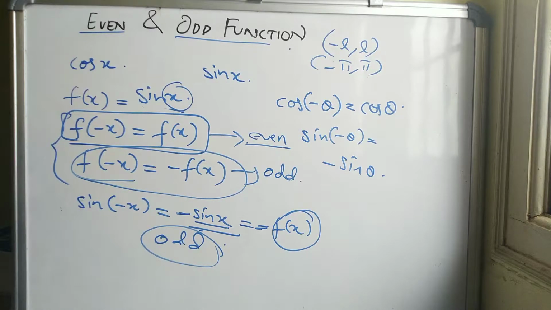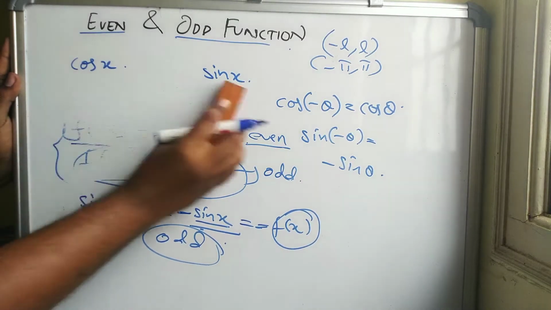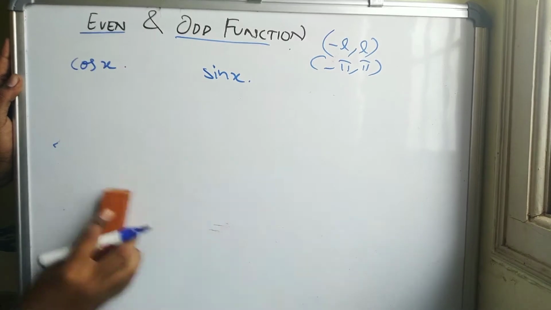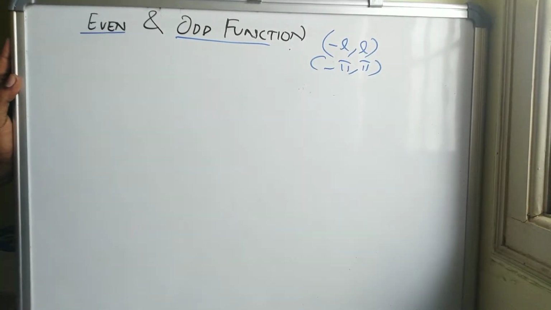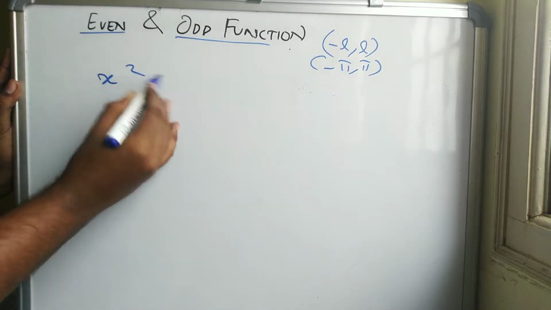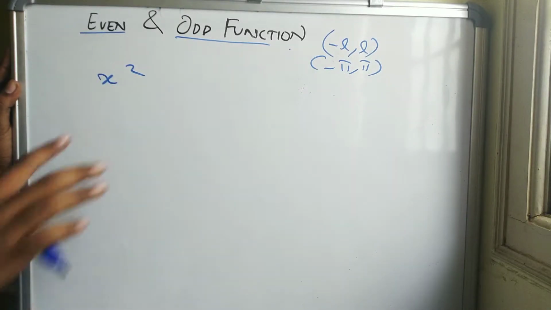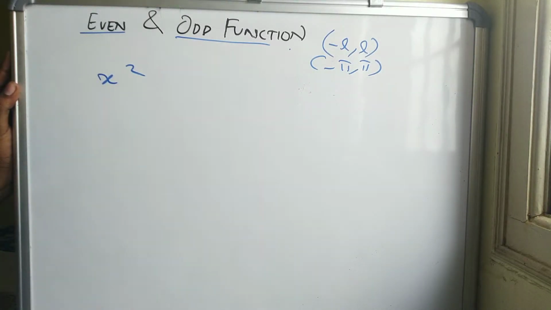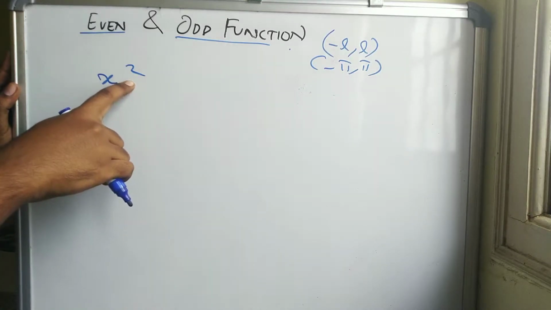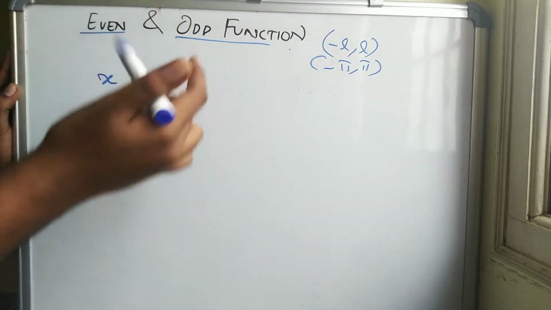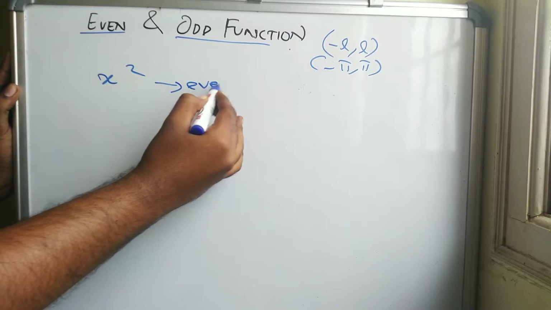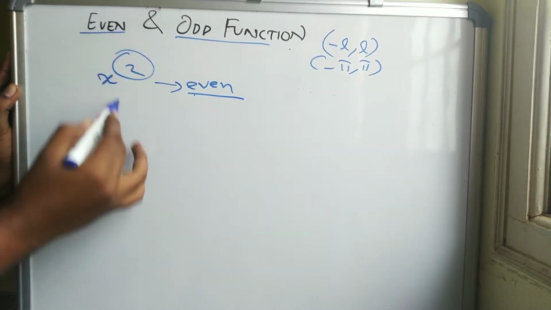Now moving on to one more thing we'll discuss: if an algebraic expression is given. Suppose x square. Whenever the power is an even number, that function will be even. Remember this.